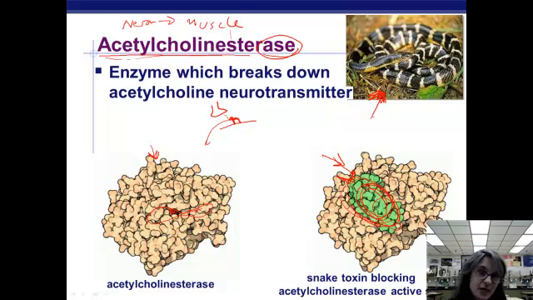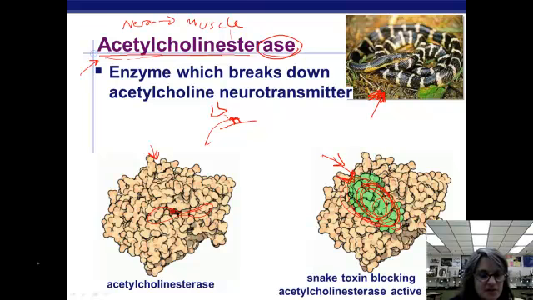That is a classic way in which nerve poisons work, nerve gases used in warfare and all of that kind of stuff, or snake venom. They work by disabling acetylcholinesterase, and thus you end up paralyzed, and all your muscles are paralyzed, including your diaphragm, which means you can't breathe, which means you die.